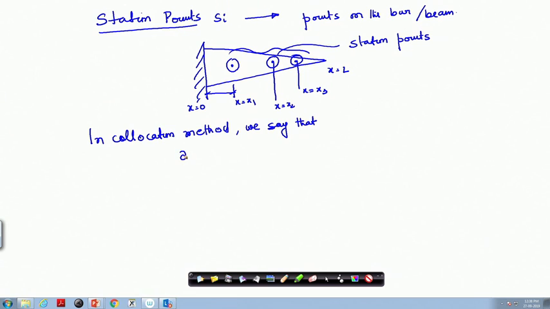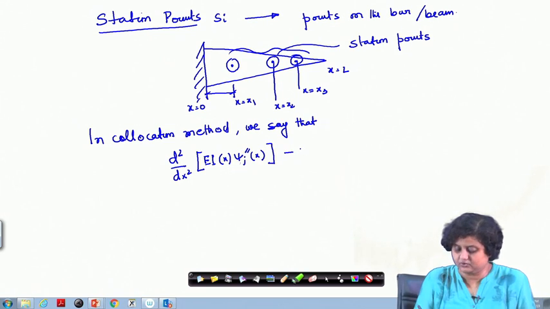So, the equation that we had, let me go back to the equation. So, the equation that we had, which was d by dx square of EI(x) psi_j, sorry for this.